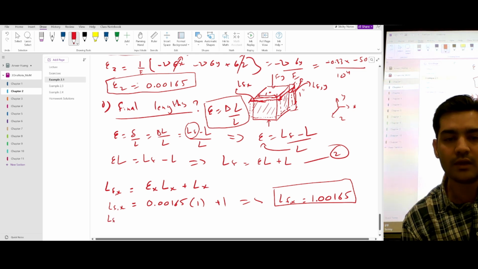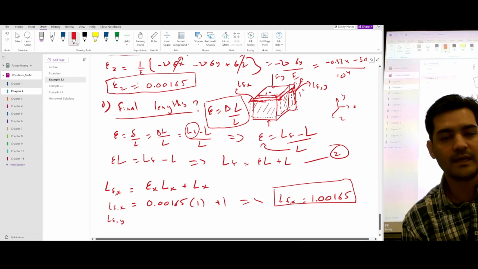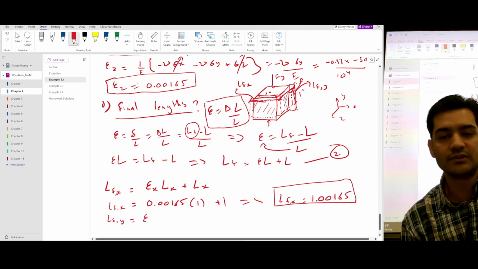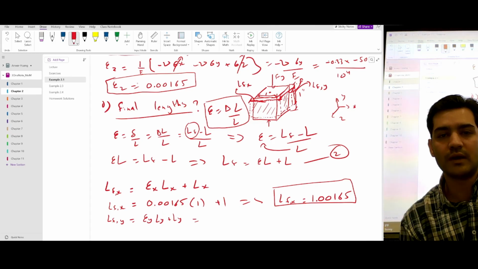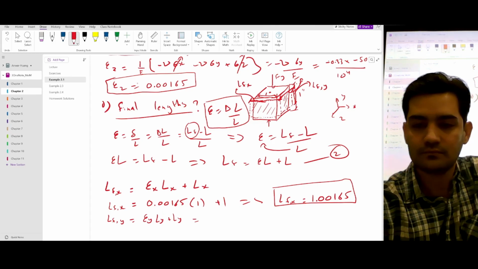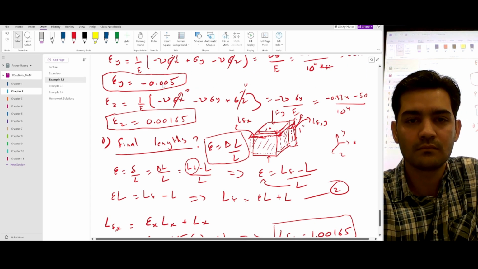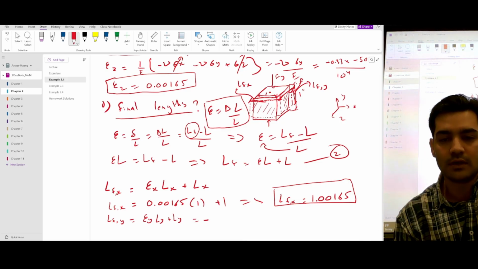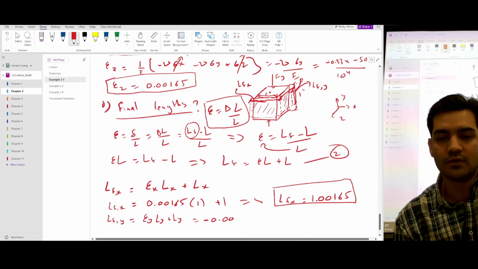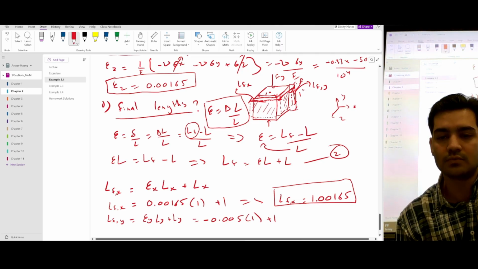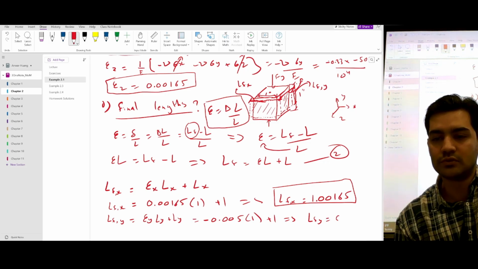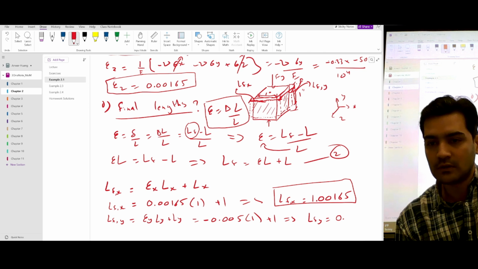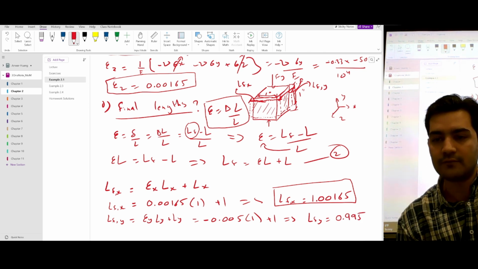If we want to calculate the final length along y direction, you need the strain in y direction and the length in y. The strain in y direction is negative 0.005, times 1, plus 1. So the final length along y direction is equal to 0.995.